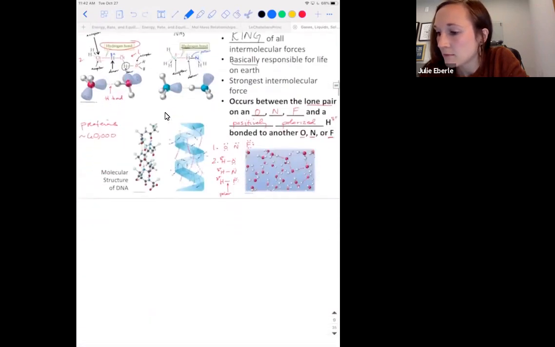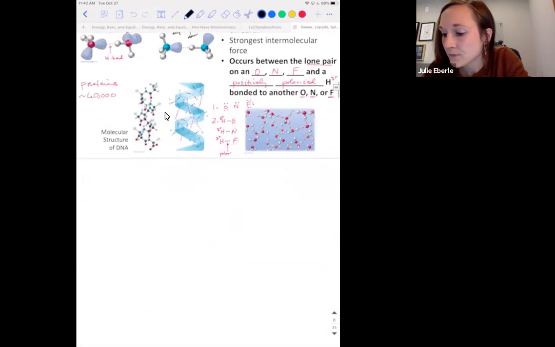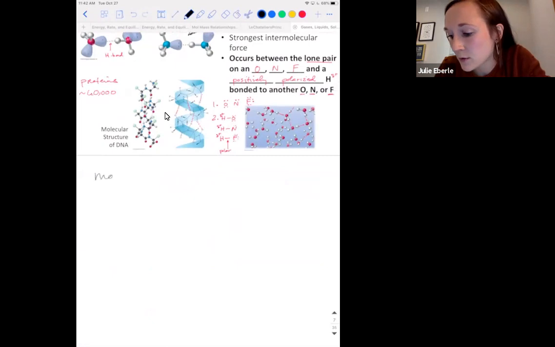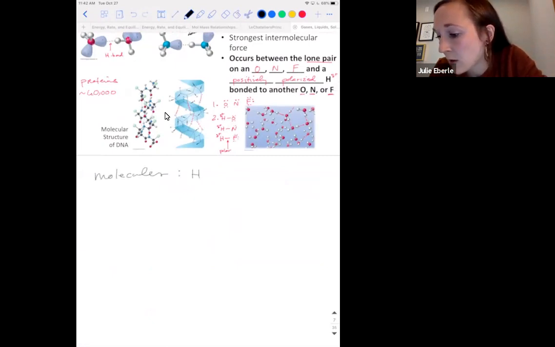So just real quick before we move on, you can have molecules that can hydrogen bond with themselves.